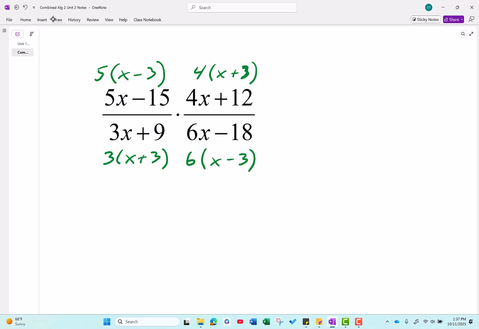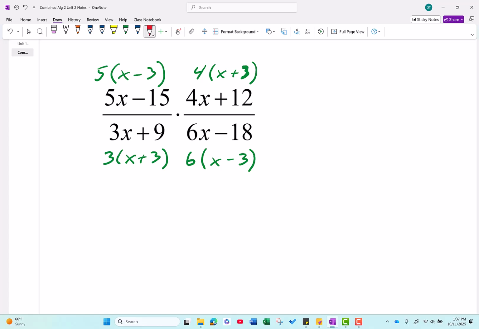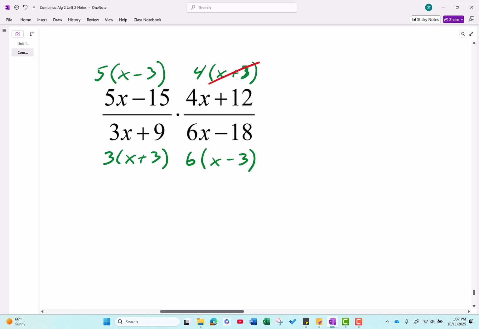And so if I cancel out like terms, I'm going to end up with x plus 3 gone, x plus 3 gone, x minus 3 gone, x minus 3 gone. From here I could just multiply across to get 20/18.